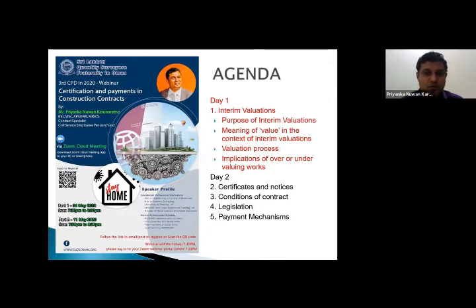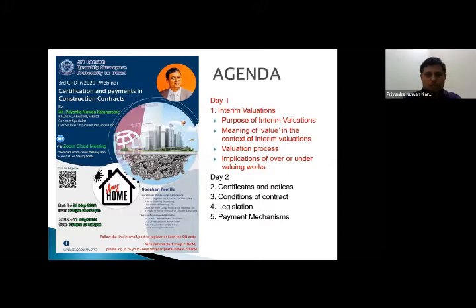That is, how to do certificates and notices in practice, then how the conditions of contract have captured and digested this particular notion, the legislation revolving around that, not only in the UK but also in Oman, and the payment mechanisms, different models of payment mechanism, which we are going to discuss on day 2.